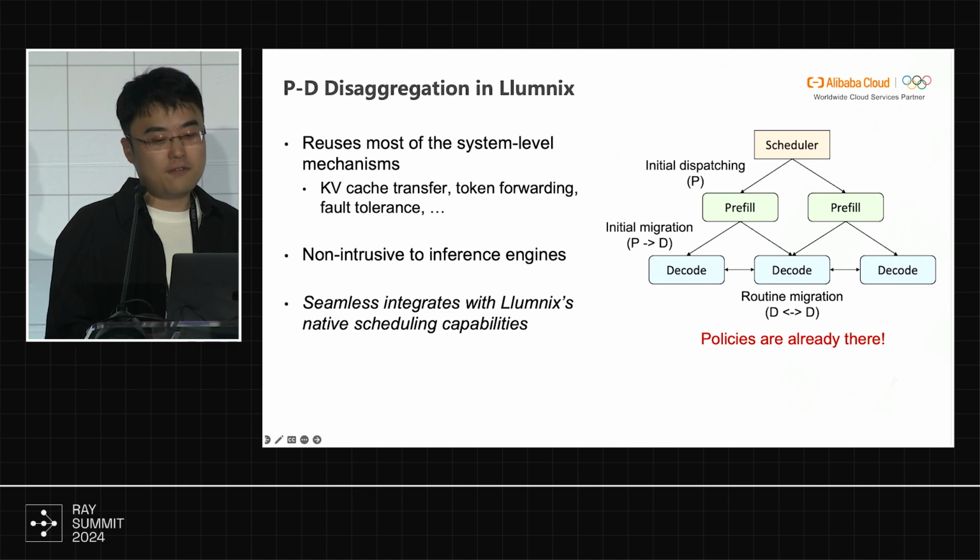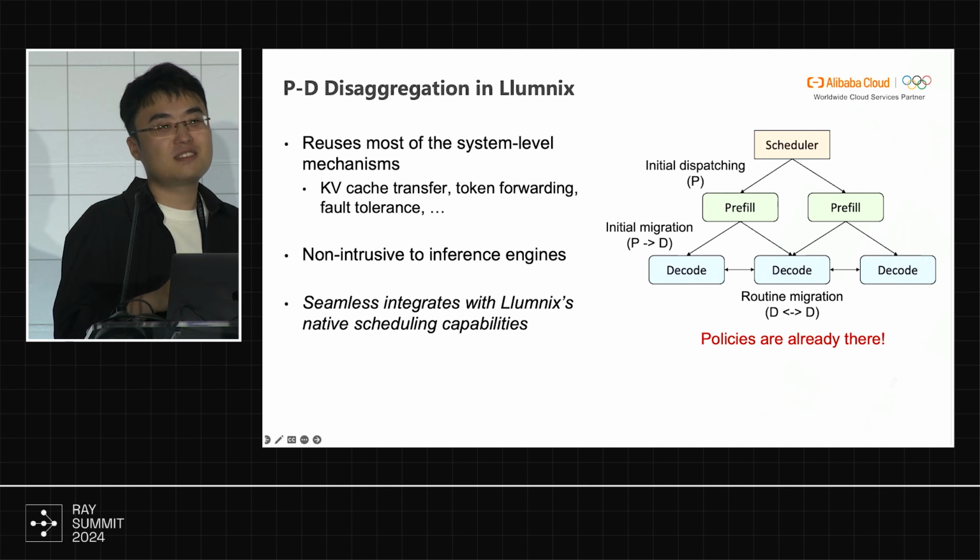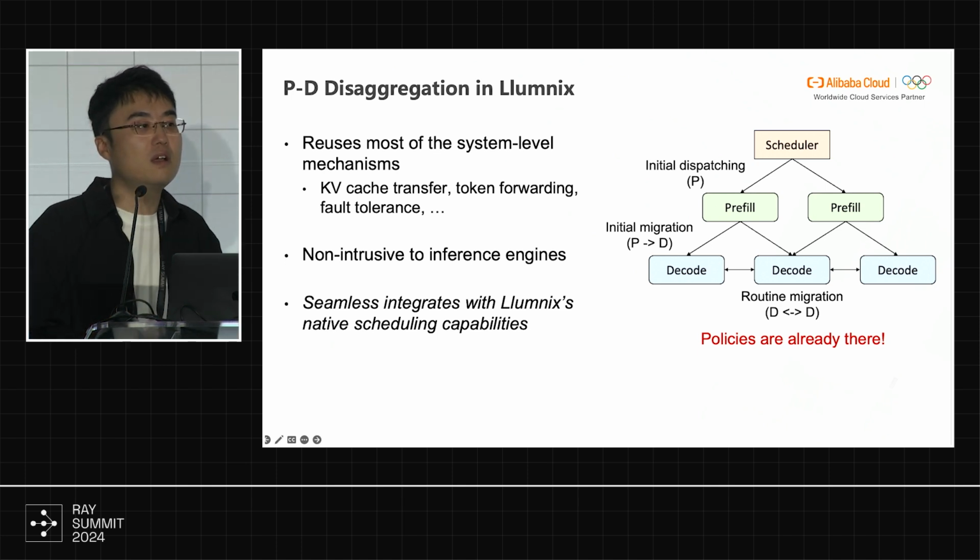And we also have the same optimizations like defragmentation, like I said before, for the D instances. When every D instance has insufficient memory to accommodate a request from a P instance, then we can trigger defragmentation. We will try to migrate some requests and make some room on one D instance to accommodate a request from the P instance. I see.